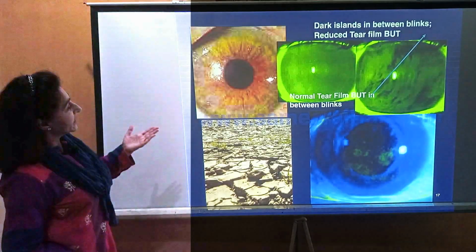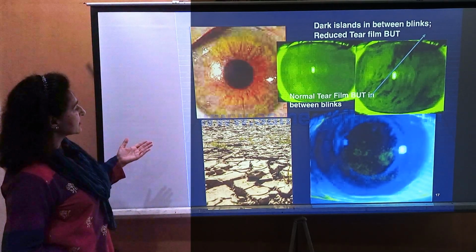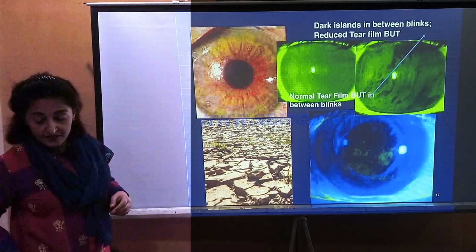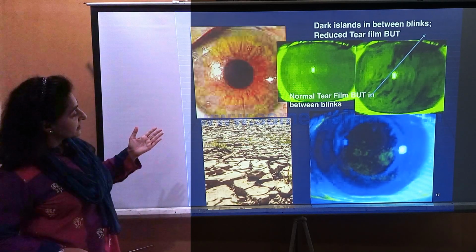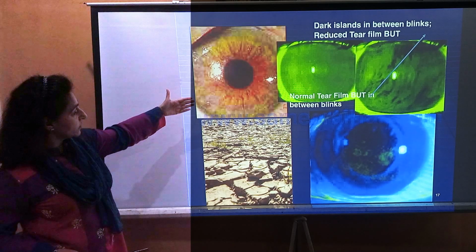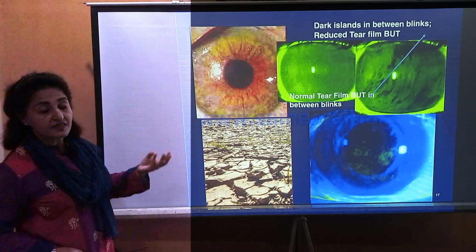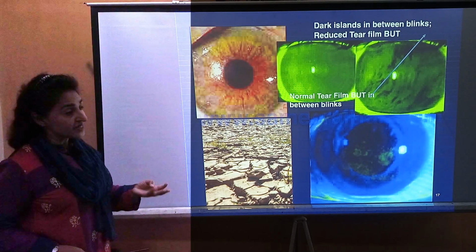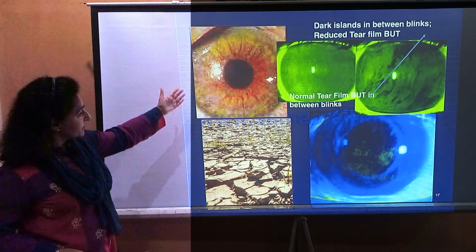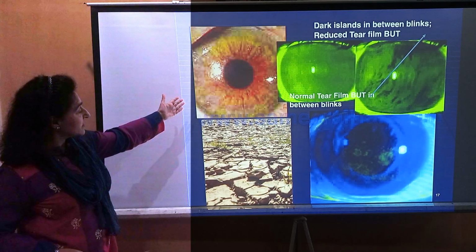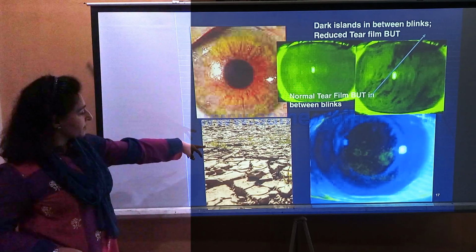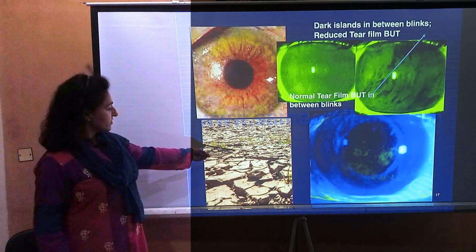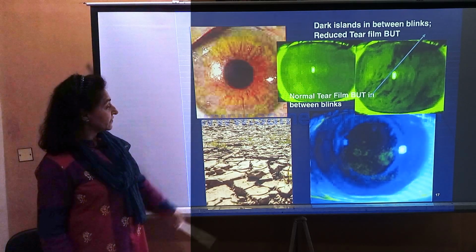Then you must look at the cornea in every disease. As I said, the cornea will be affected secondarily, either because of the disease itself extending onto the cornea, because the disease has disturbed the tear film, or because your treatment has disturbed the tear film, and the cornea loses the stability of the tear film and becomes dry like a rock, like this earth which doesn't receive any rain.